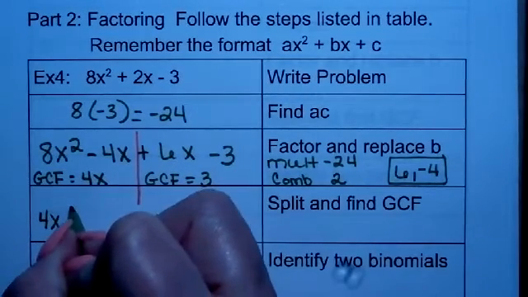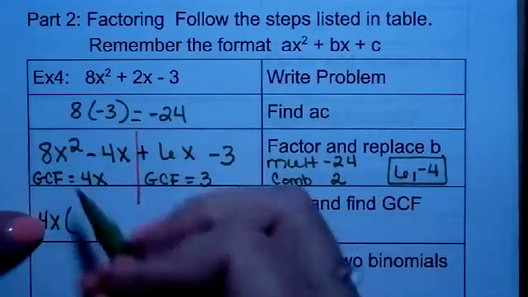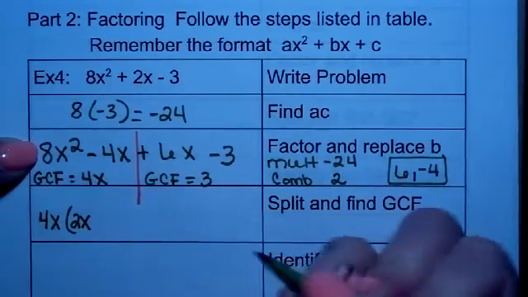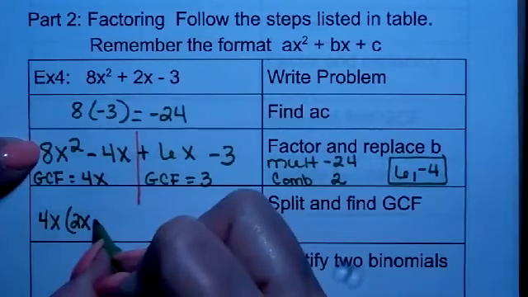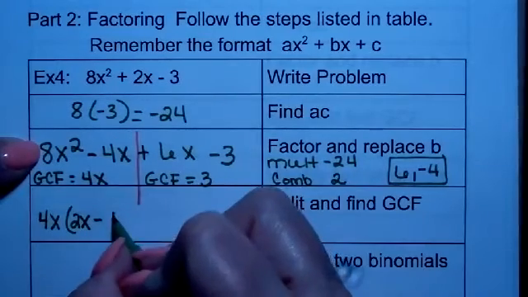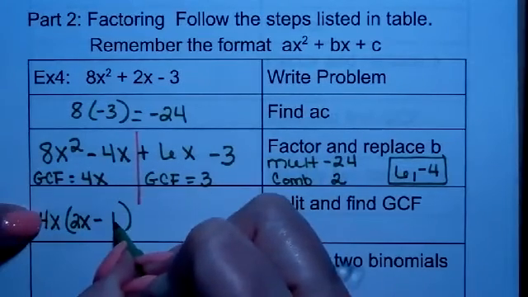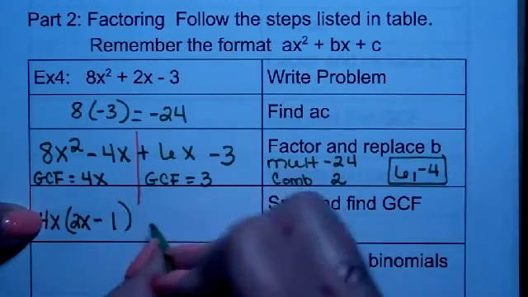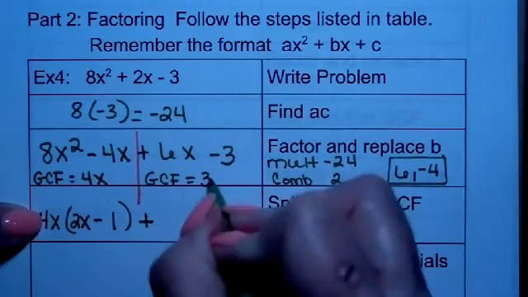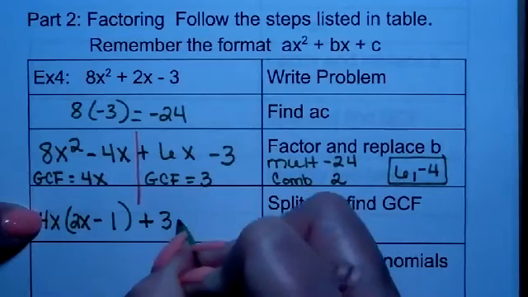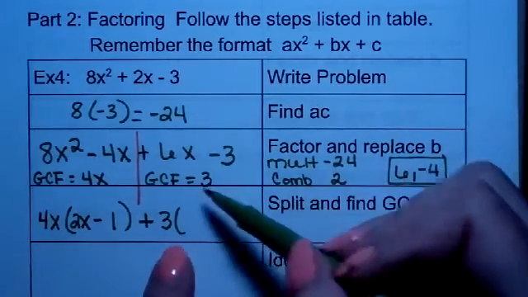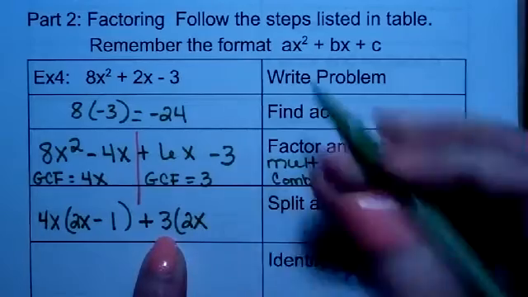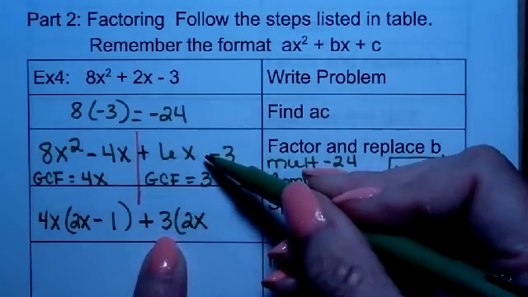So GCF of 4x, well, 4x times 2x gives me 8x squared minus 1, because 1 times 4x is 4x. Okay. Plus my GCF right here of 3. Well, 3 times 2x gives me this 6x right here.